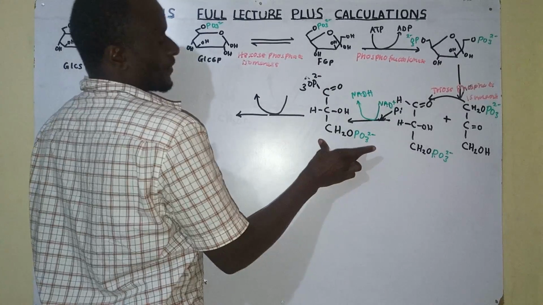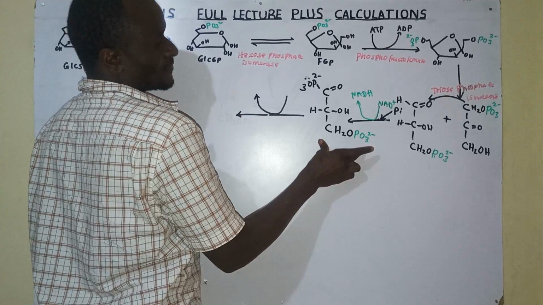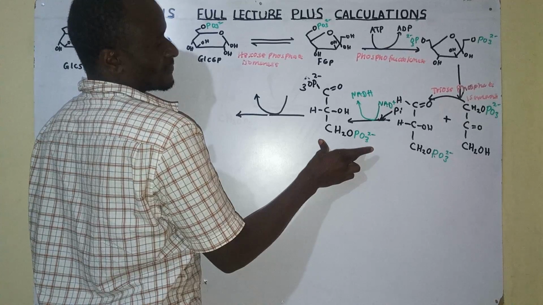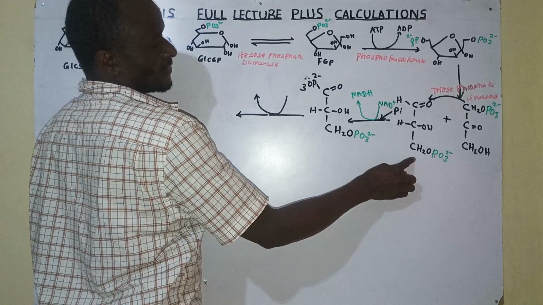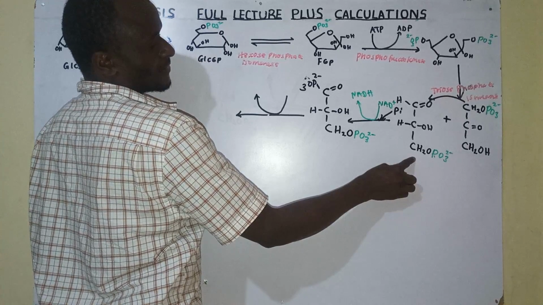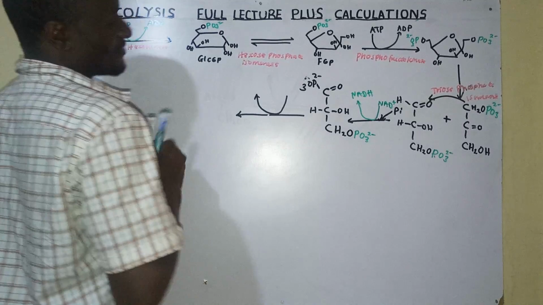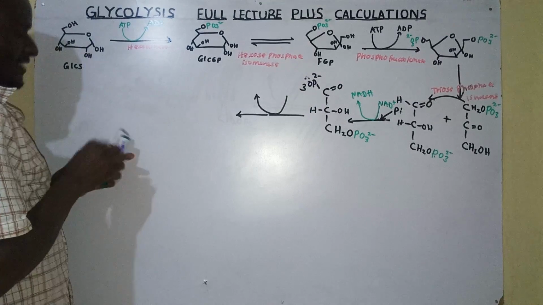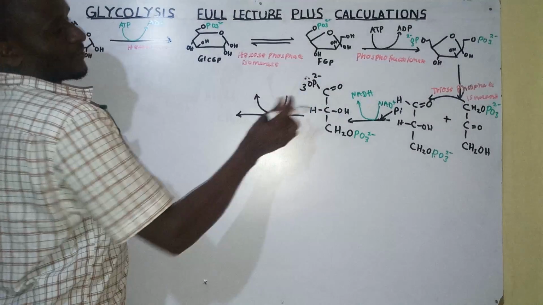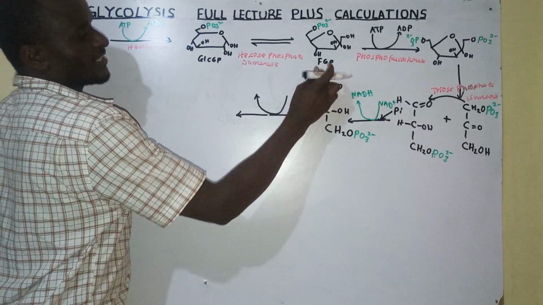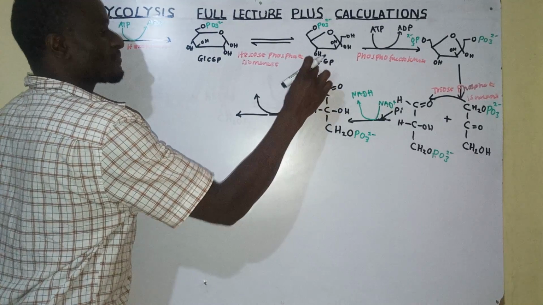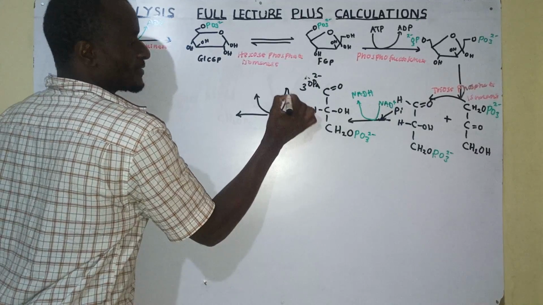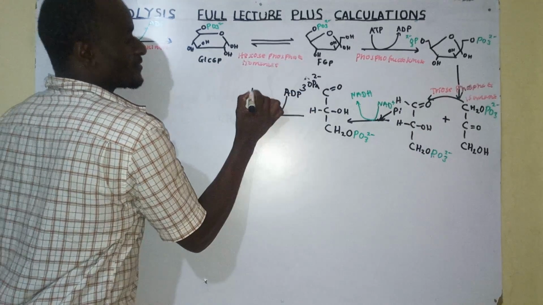So that is 1,3-bisphosphoglycerate to 3-phosphoglycerate. So we shall transfer one of the phosphate groups, that is the phosphate group from carbon number 1, onto ADP to form ATP.